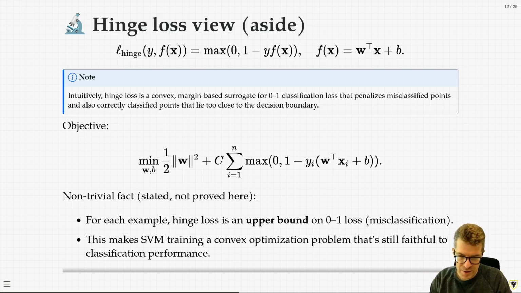And because these things are equivalent, because this hinge loss is an upper bound on the binary classification loss, SVM training is a convex optimization problem like we have been aiming towards from the very beginning of this class, and we become very happy.